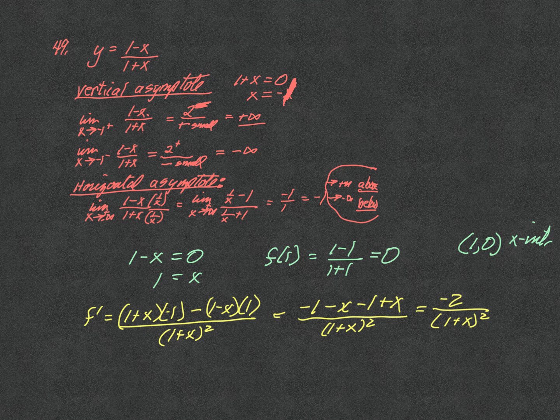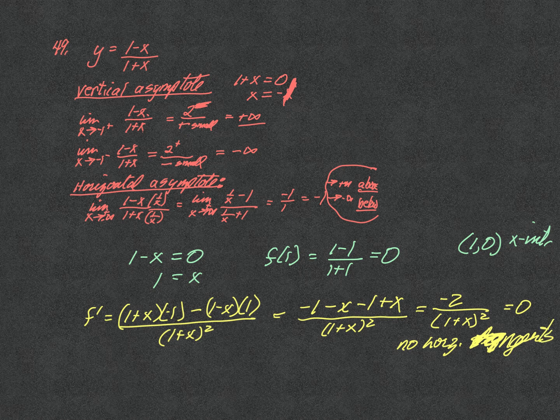And so if we set that equal to 0, there are no values. There are no horizontal tangents.